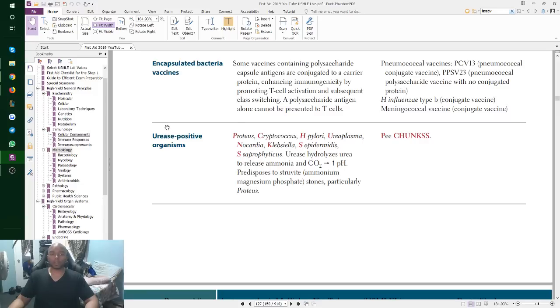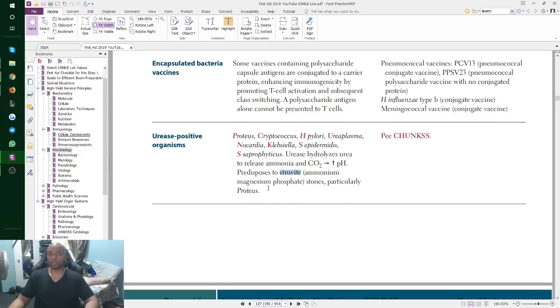The last thing on this page are your urease positive organisms, right? Urease positive. So if you're urease positive, you're able to hydrolyze urea to release ammonia and CO2. And if you release ammonia and CO2, you're going to increase pH. So it becomes much more basic, more alkaline, right? Predisposes to struvite, ammonium magnesium phosphate stones, particularly Proteus.